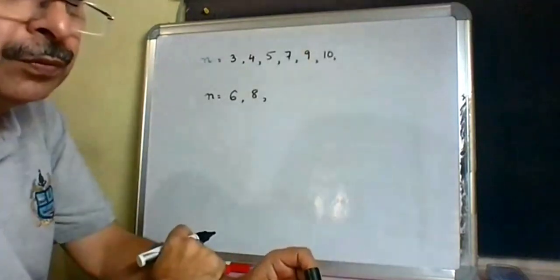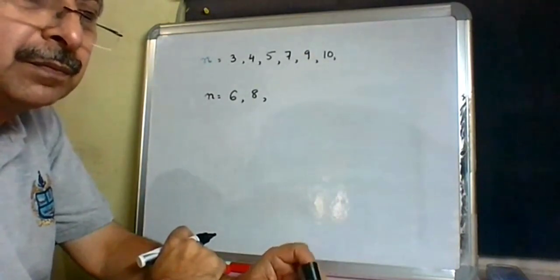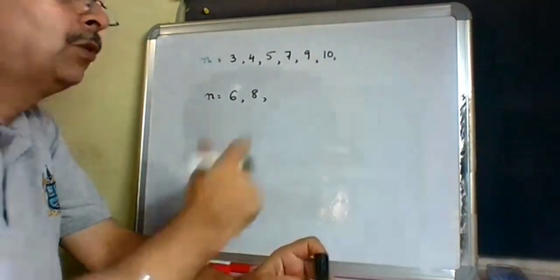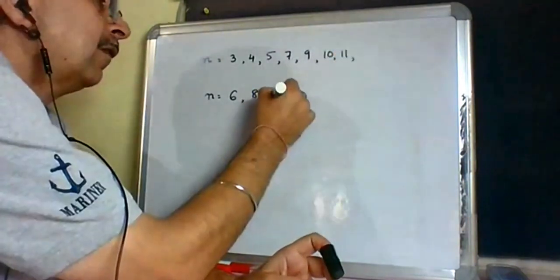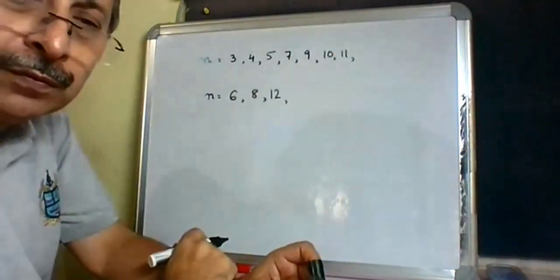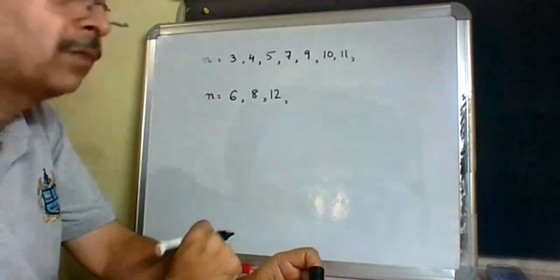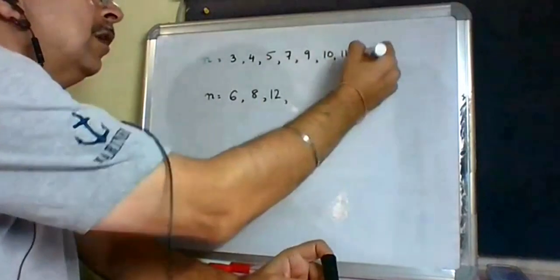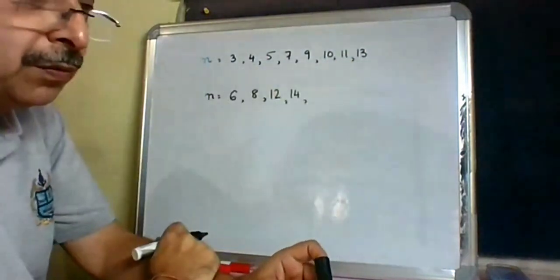Rule 2. N is equal to 11. Rule 1. N is equal to 12. No rule. N is equal to 13. Rule 1 on priority. N is equal to 14. No rule.